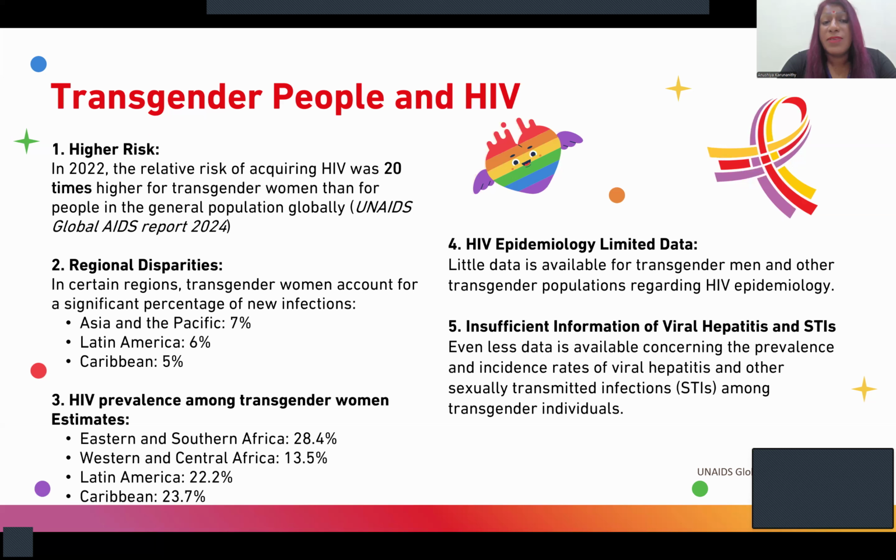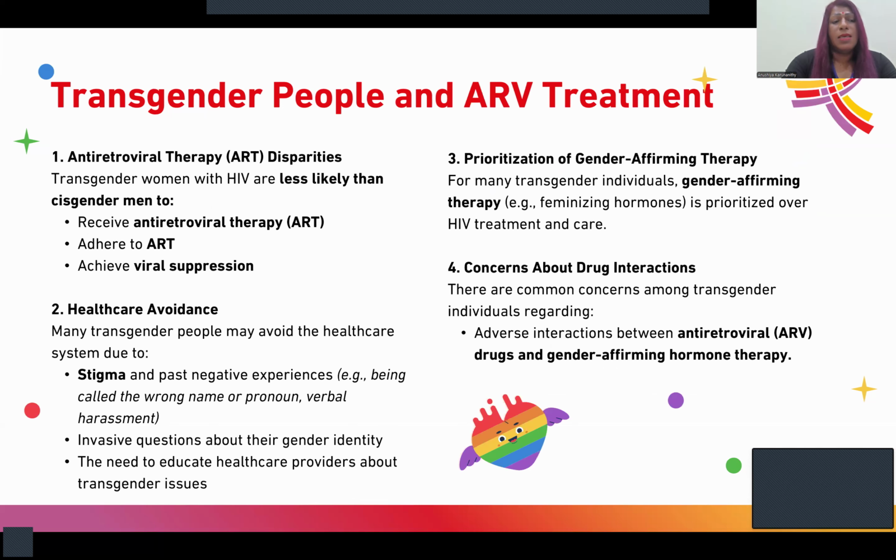In the Asian Pacific region, transgender women account for about 7% of new HIV infections, which is disproportionately high. This statistic reflects the various social and economic vulnerabilities they face, including unequal employment opportunities, healthcare barriers, and widespread discrimination.